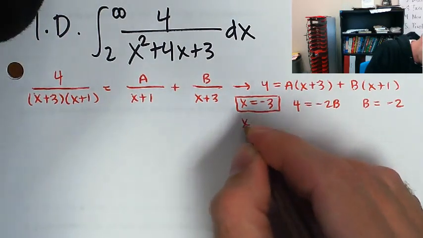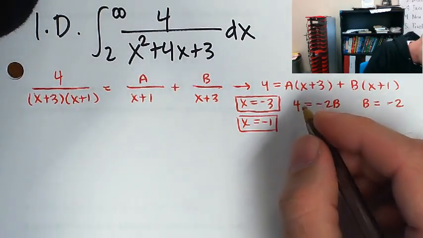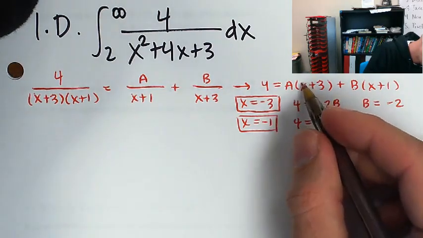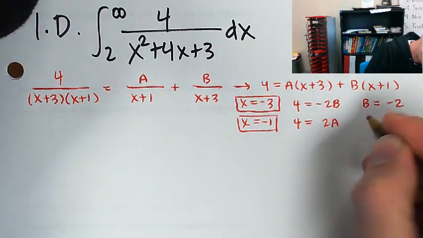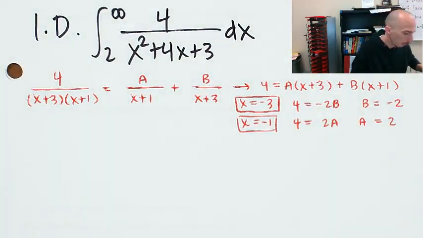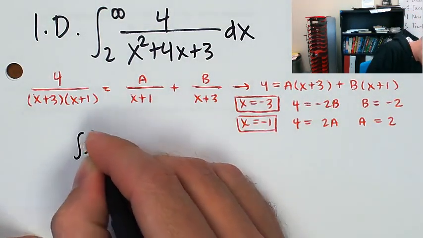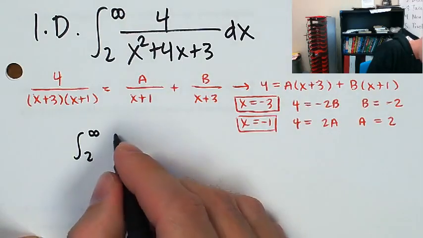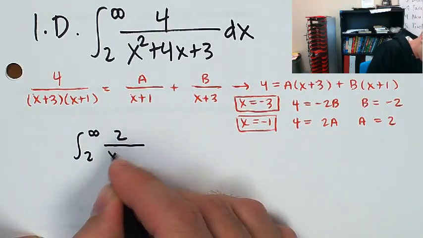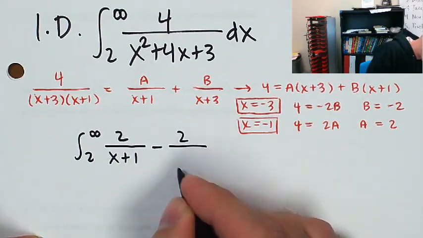And when I let x equal negative 1, I get 4 equals 2a, which gives me a equals positive 2. So now I'm taking the integral from 2 to infinity of a is 2. A goes over x plus 1 minus 2 over x plus 3.